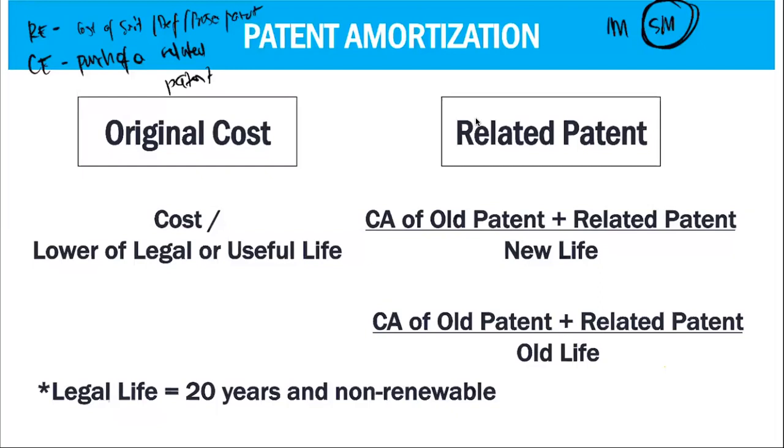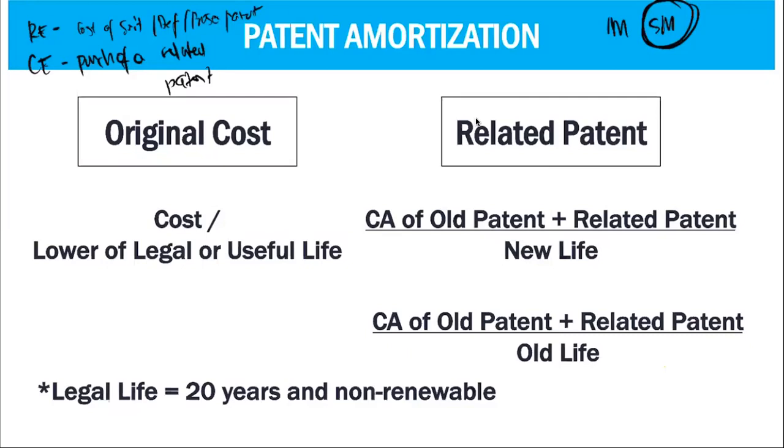Hence, the problem with future economic benefits in your capital expenditure is that maybe there will never be another flow of future economic benefits. So you need to protect it. Since there is a future economic benefit because of the purchase of the patent, we will capitalize it. Okay? So the revenue expenditure is the cost of suit, defense or prosecution of patent, and the capital expenditure is the purchase of your related patent.